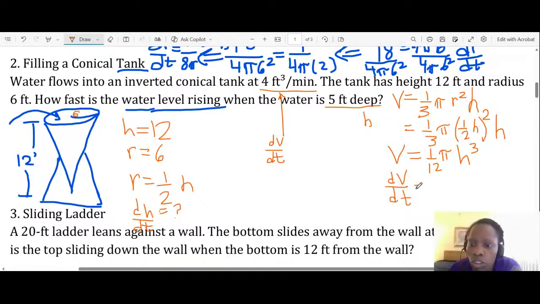It's equal to, we're going to keep that constant multiple rule, 1/12 pi. And taking the derivative of h cubed is going to give us 3h squared. The 3 and the 12 reduce to 1/4.